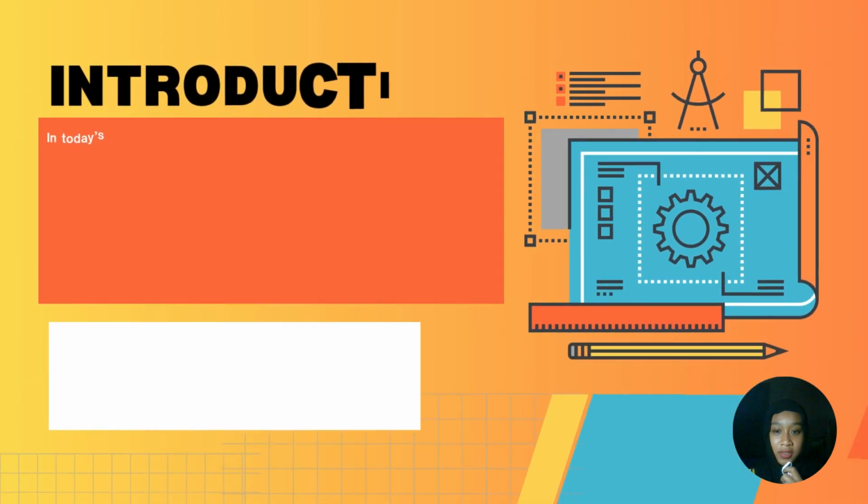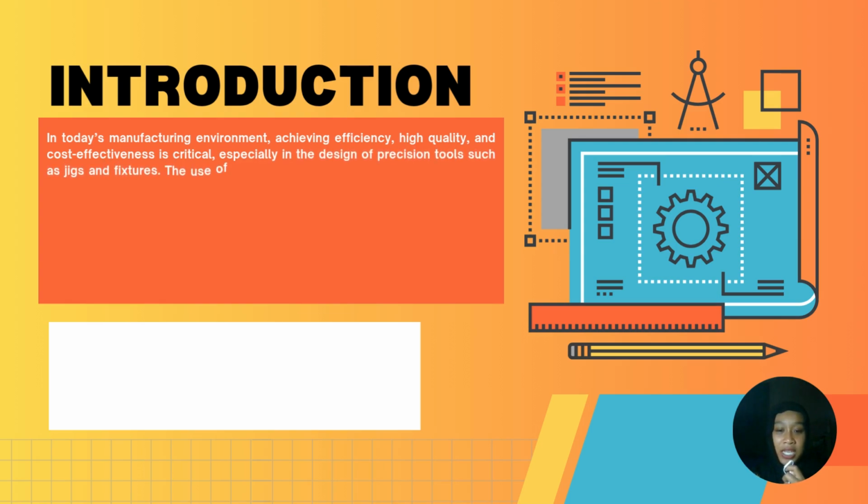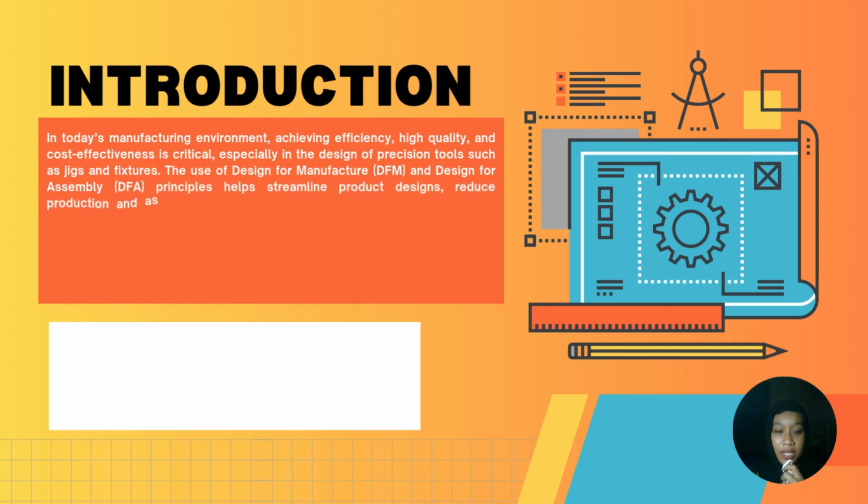In modern manufacturing, efficiency, quality, and cost effectiveness are crucial, especially in designing precision tools like jigs and fixtures. Applying design for manufacture, DFM, and design for assembly, DFA, helps simplify product design, reduce manufacturing and assembly costs, minimize errors, and improve product quality.